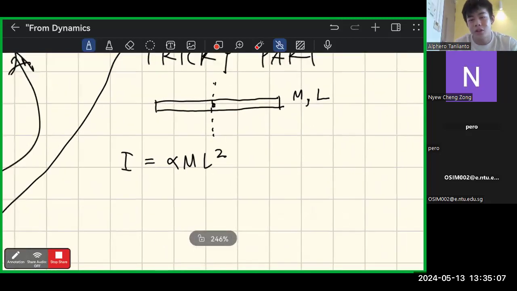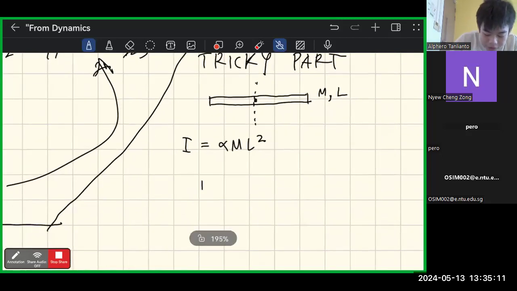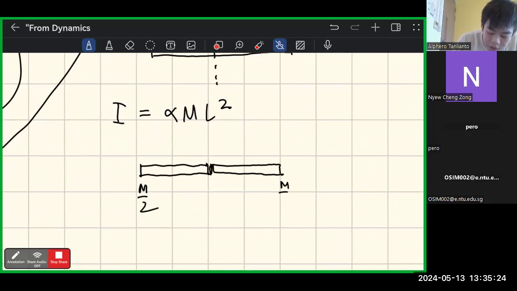If we split the rod into two identical rods, it would be one half of the rod and another half of the rod. Each half will have mass m over 2 and length L over 2.